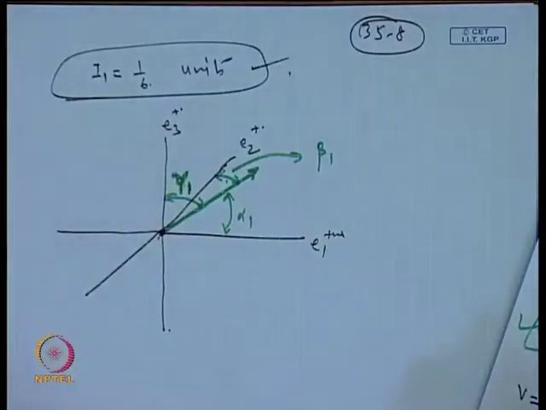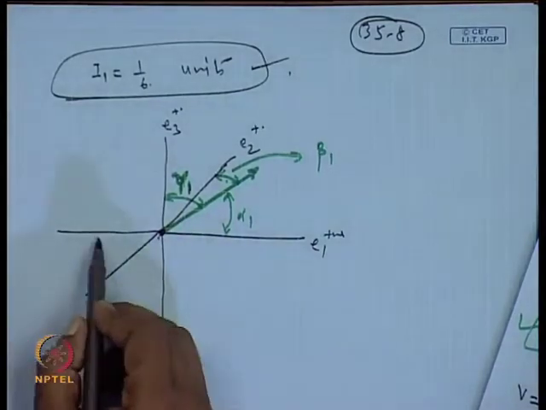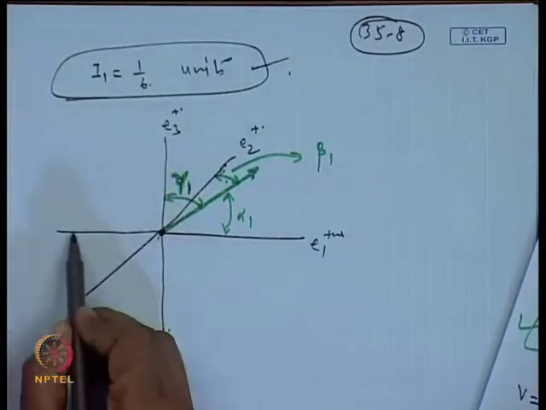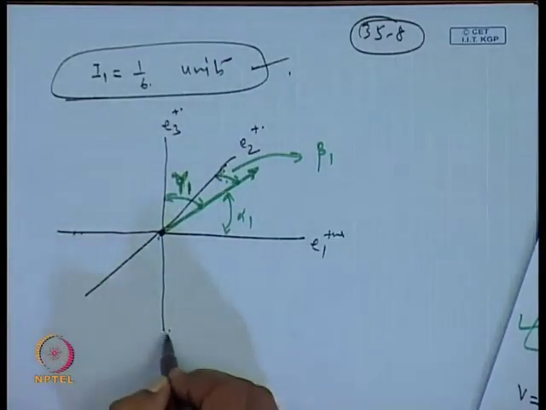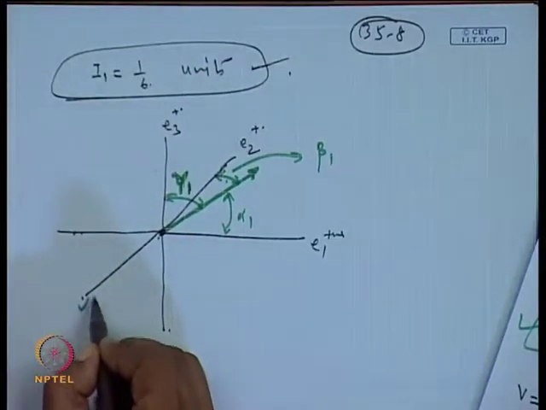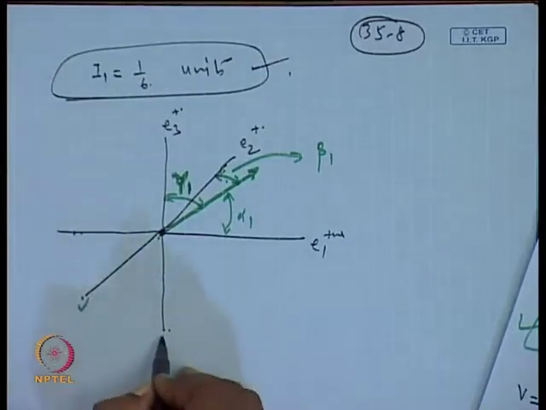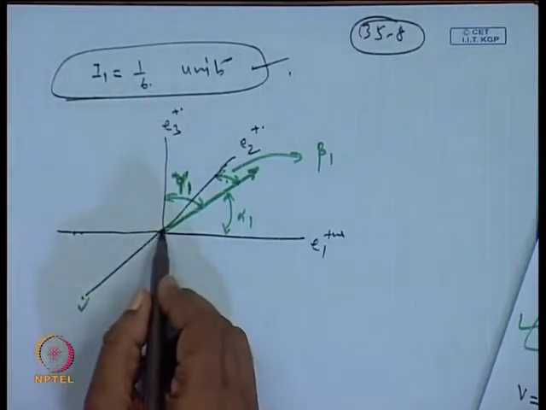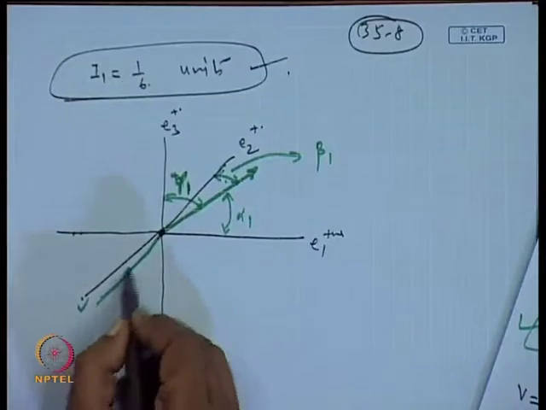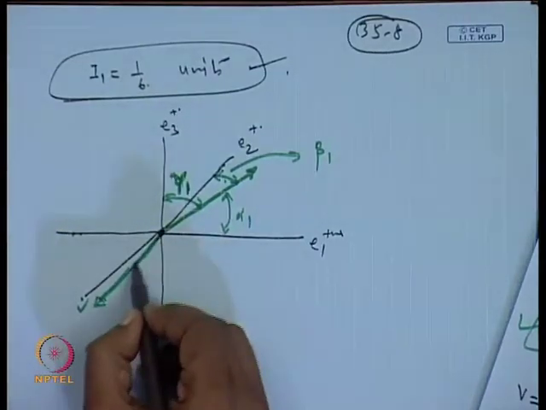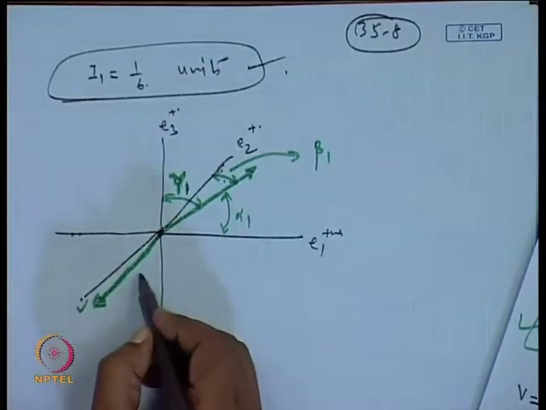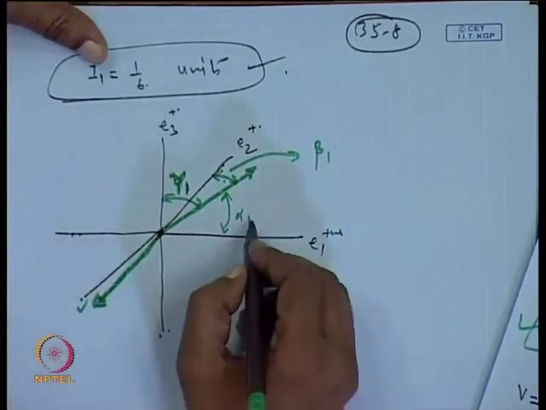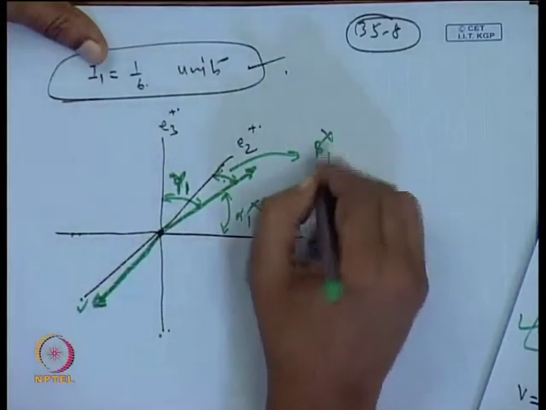So, what is the value? Minus 0.577. So, you take minus 0.577 along the negative x axis, minus 0.577 along the negative y axis, and along the negative z axis. So, you will get just a vector opposite to this, okay, and this is the principal direction which is being shown, and now you can see the angles.